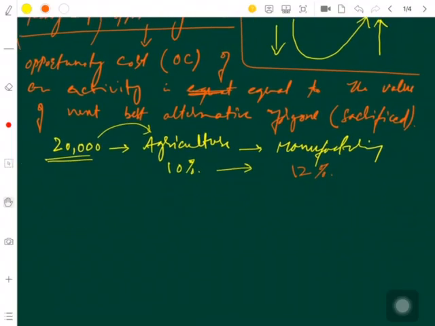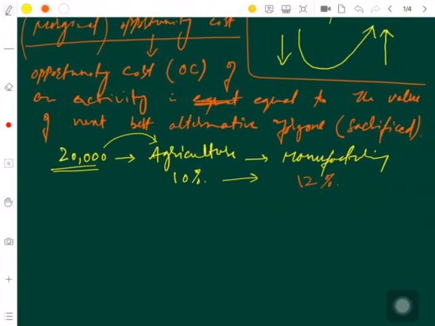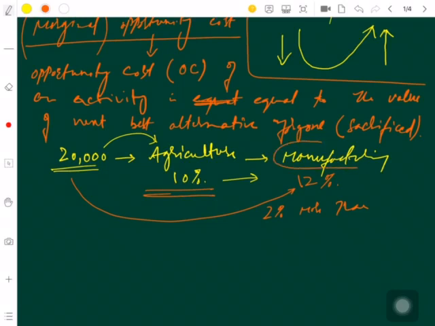The rational mind, the common mind will tell me to invest this money in manufacturing sector, because I am able to earn 2% more than the first one if I am spending it in agricultural sector. So I am taking this rupees 20,000, I am investing it in manufacturing sector.